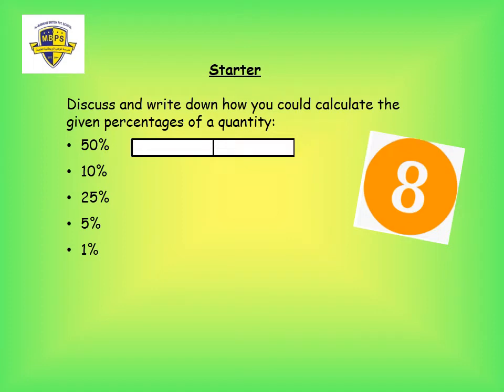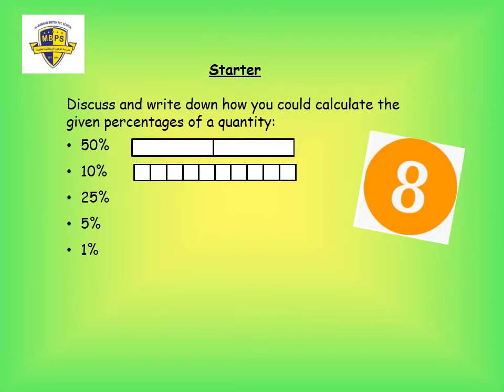If I ask you what is 10% of 8, this means I want to cut 8 into 10 equal parts, and each one will be what? After that we will calculate. So 10% means I want to divide it into 10 equal parts.